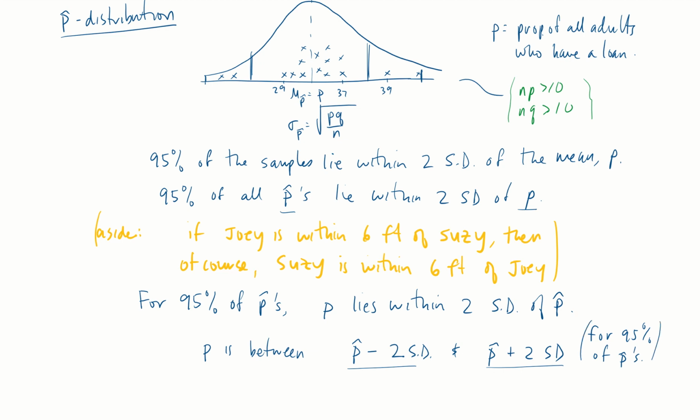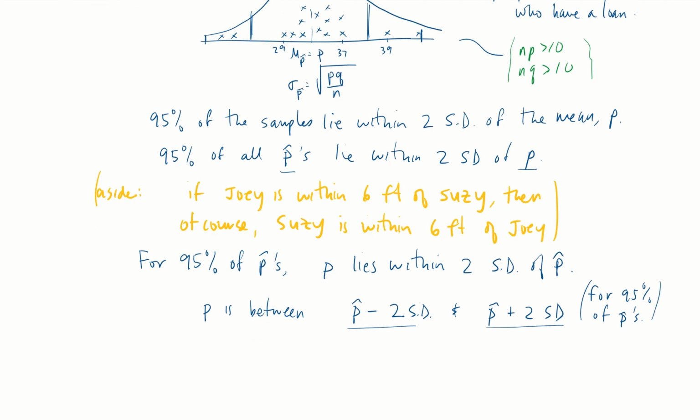Okay. Let's try to shorten this up a little bit. That is, p is between p hat plus or minus 2 standard deviations. The plus or minus is just combining the minus here and the plus here.